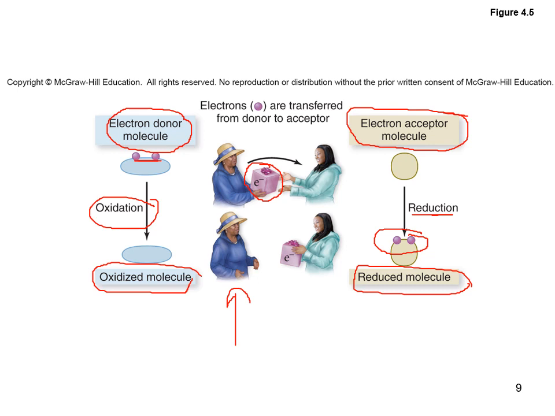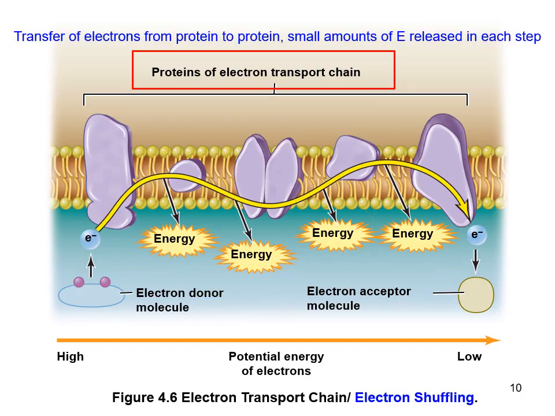So oxidation reduction is another look at exergonic and endergonic, but exclusively on the electron level. The reason we mention this is because we just finished our chapter where we were talking about the cell and the cell membrane. Remember the little phospholipid bilayer with the hydrophilic heads and the hydrophobic tails?